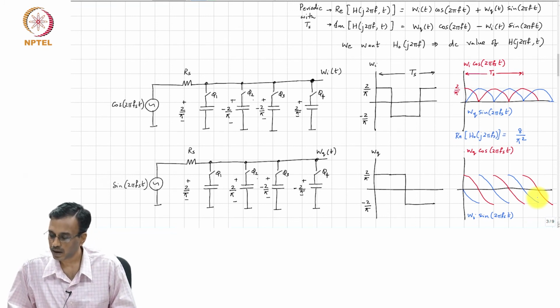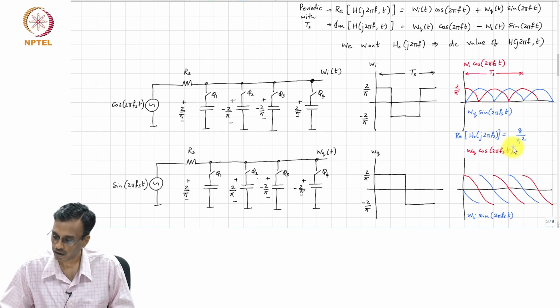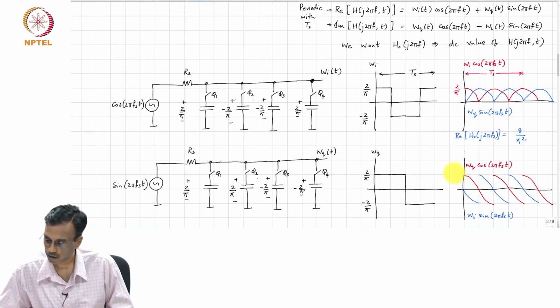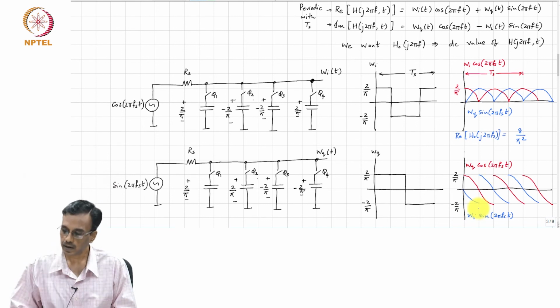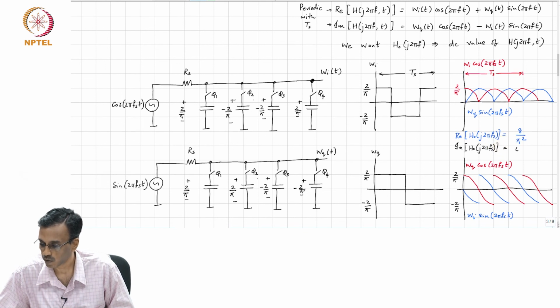So, what comment can we make about the average value of Wq cos minus Wi sin? It will be 0, correct. So, the imaginary part of H0 of j2 pi Fs therefore must be 0.